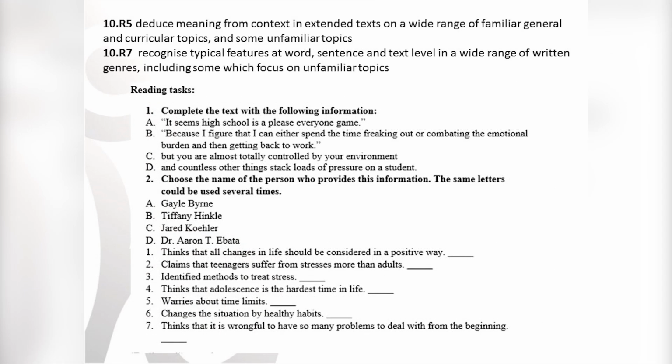The task is to complete the text with the following information, and you can see 4 points here. At the same time, there are only 3 gaps in the text. And the second task is to choose the name of the person who provides this information. The same letters could be used several times.